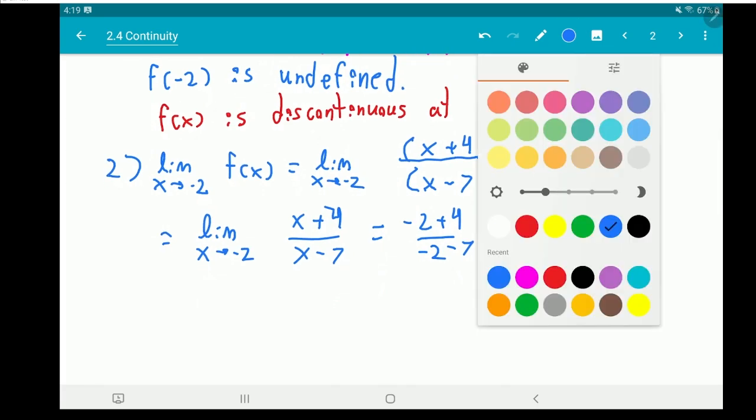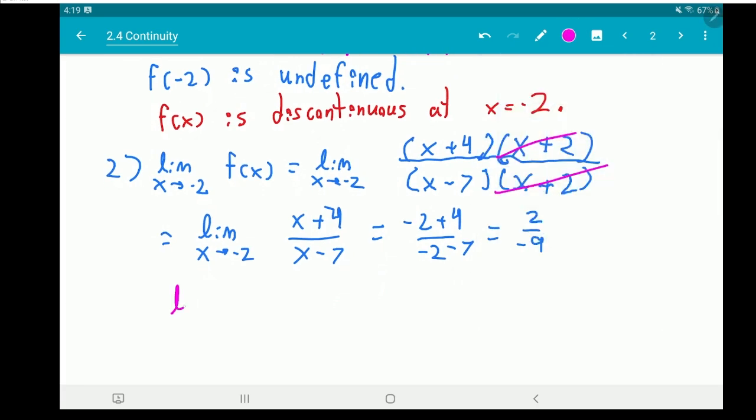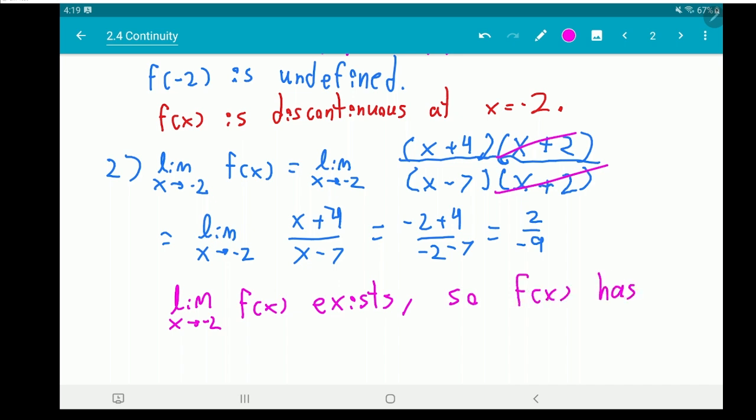So here, the limit as x goes to minus 2 of f of x exists. If you're discontinuous at a number, but your limit exists there, the only possible way that can happen is f of x has a removable discontinuity at negative 2.